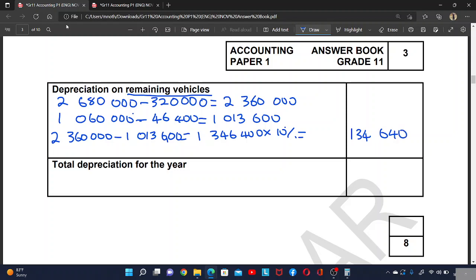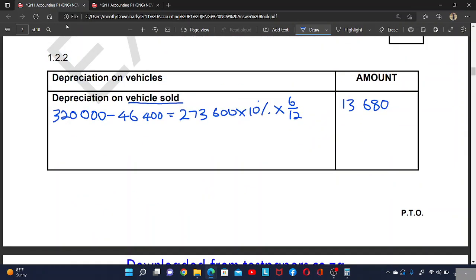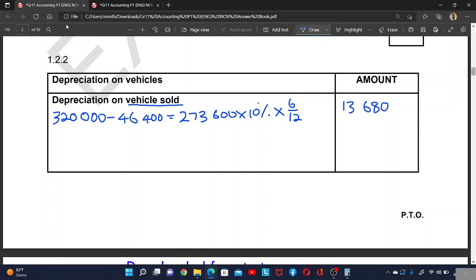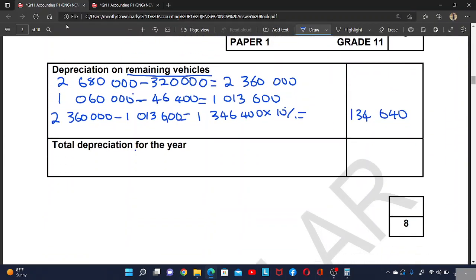Now the total depreciation for the vehicles: we take this 13,680 plus 134,640, which gives you 148,320.